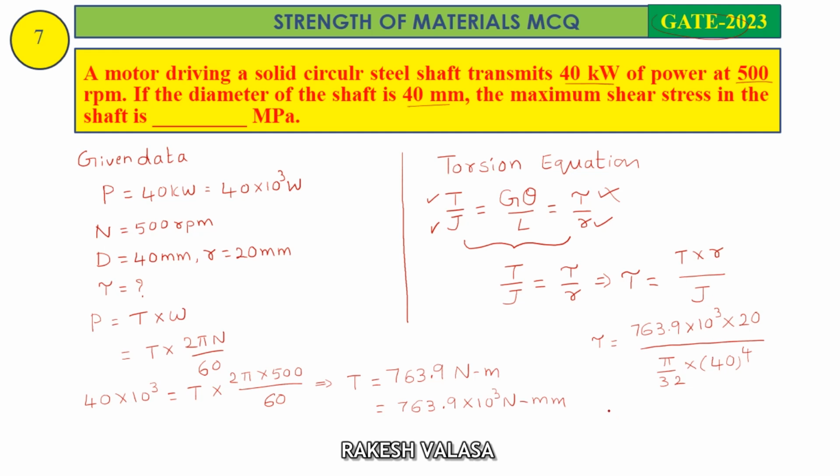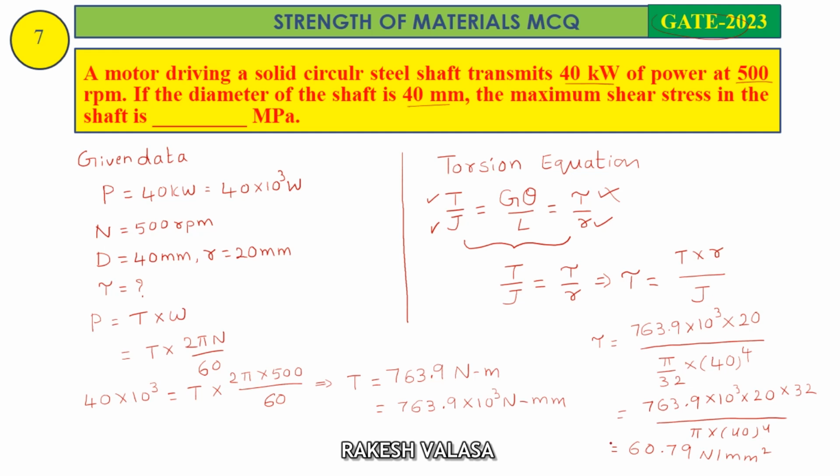So you can simplify this equation. You can also write this as 763.9 into 10 power 3 into 20 into 32 by pi into 40 power 4. Now simplify this one. You can get 60.79 Newton per mm square.